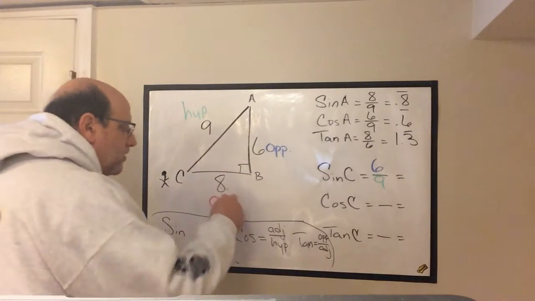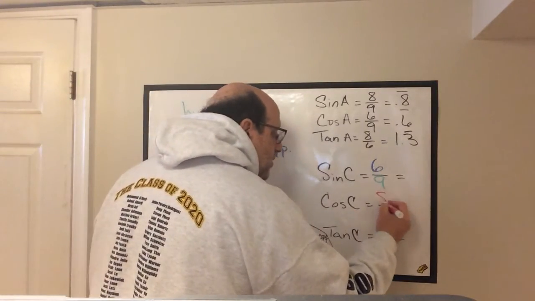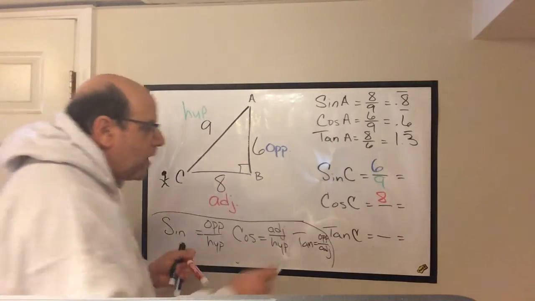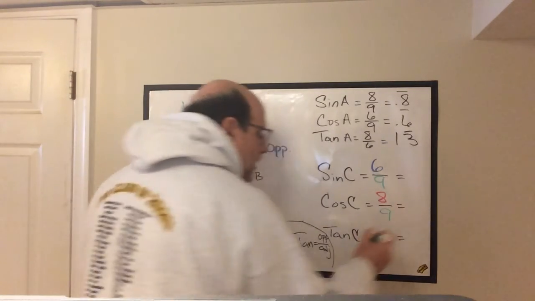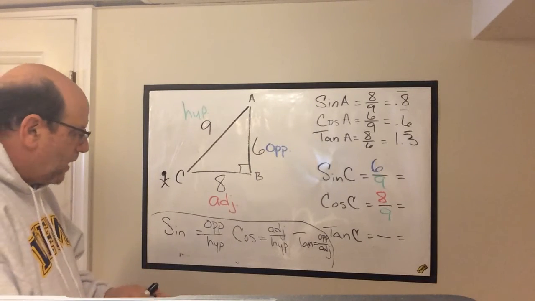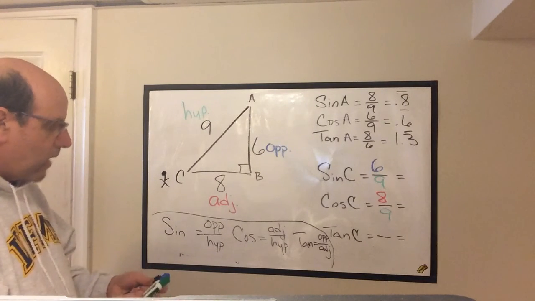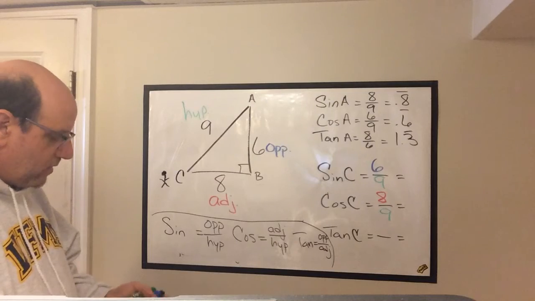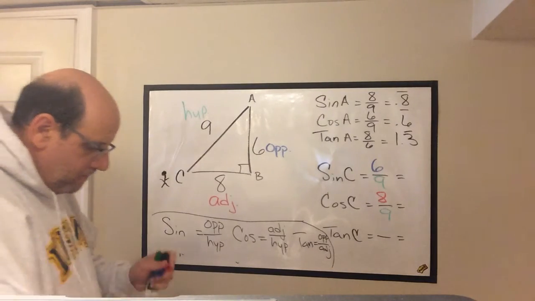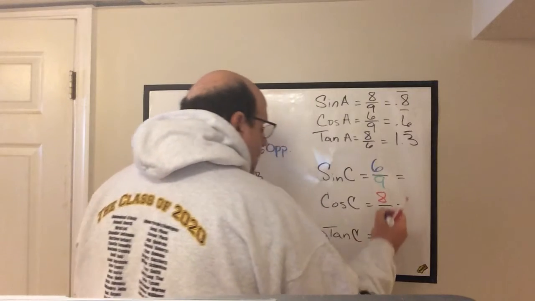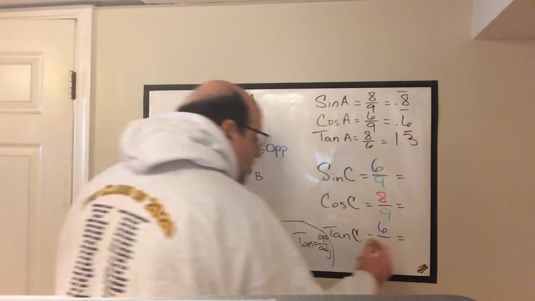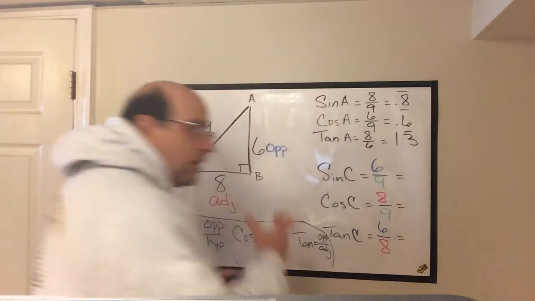The length of the adjacent side is 8, and of course the length of the hypotenuse is 9. And last but certainly not least, we have opposite over adjacent. So we have opposite, which is 6, over adjacent, which is 8. And there we have them.